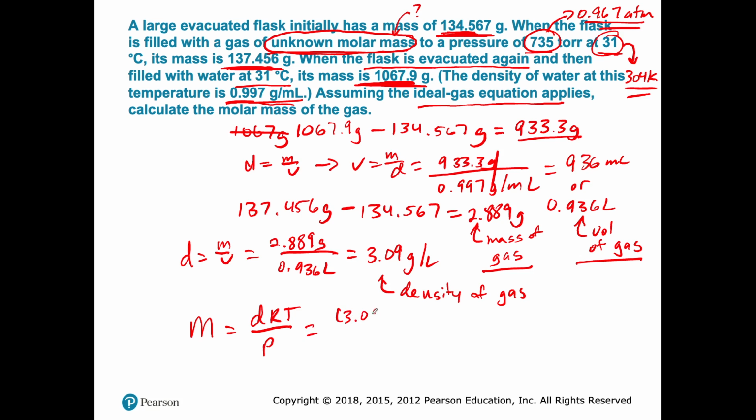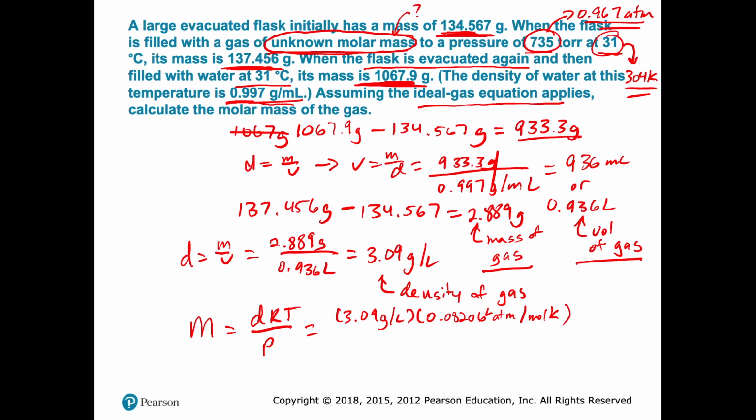We have 3.09 grams per liter times the ideal gas constant, which is 0.08206, and that unit is atm liters all over moles Kelvin.